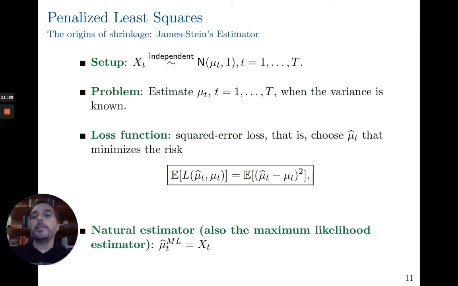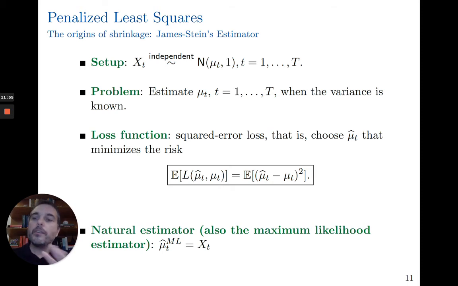So a natural estimator, if we know that the distribution is normal, we can write the likelihood function, and the maximum likelihood estimator, mu hat, will be just x t, the random variable indexed by t.